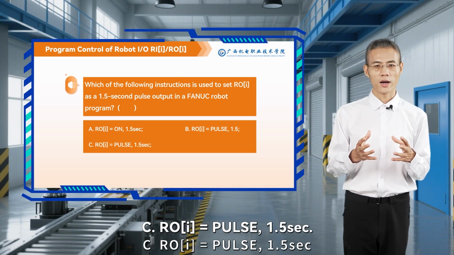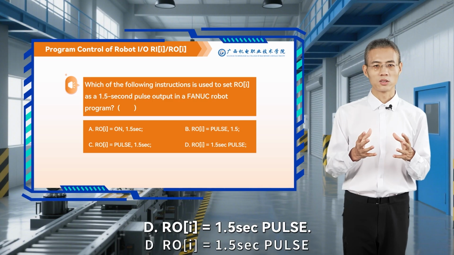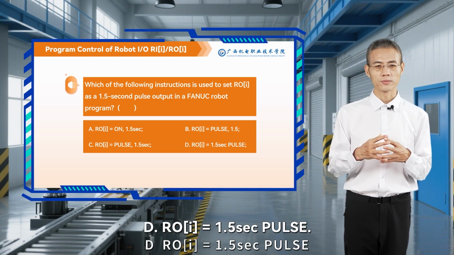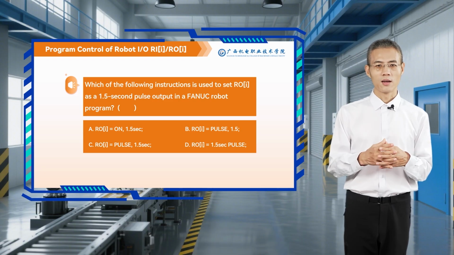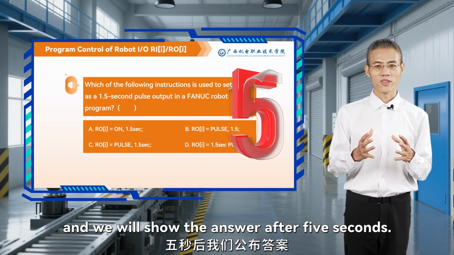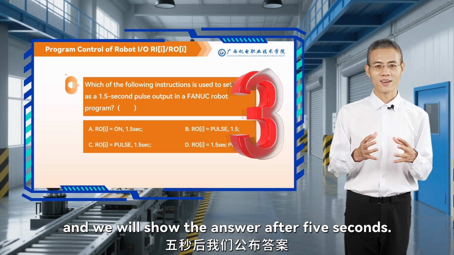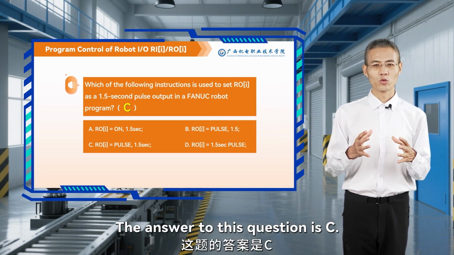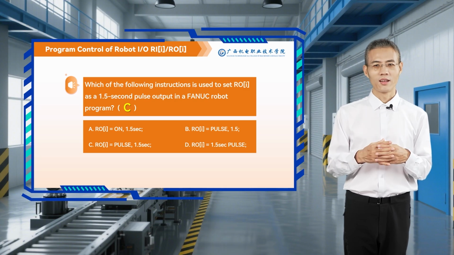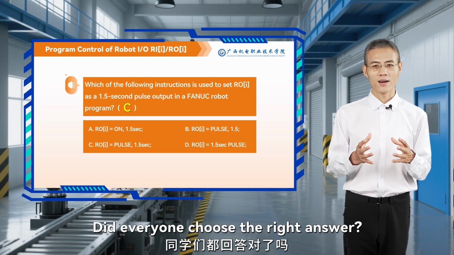C. RO1 equals pulse 1.5 second. D. RO1 1.5 second pulse. I will give you 5 seconds to think, and we will show the answer after 5 seconds. The answer to this question is C. Did everyone choose the right answer?